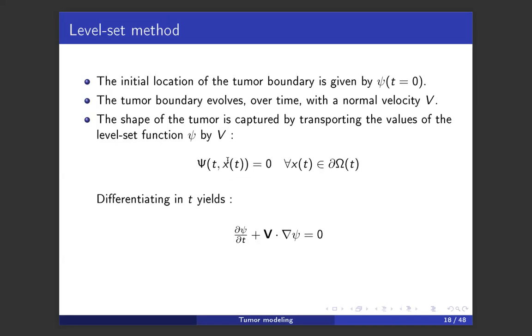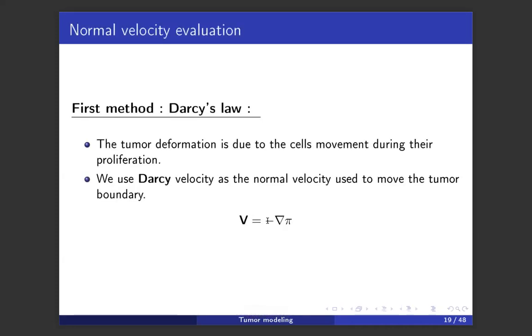And by differentiating in t, we obtain the transport equation, which permits us to compute psi. But we have to compute the velocity v. In order to do that, we can use two approaches.